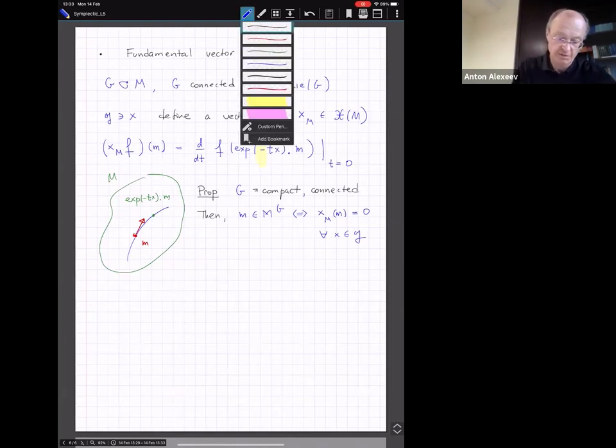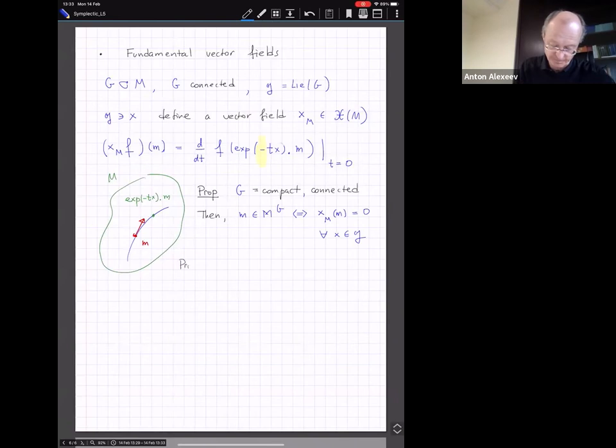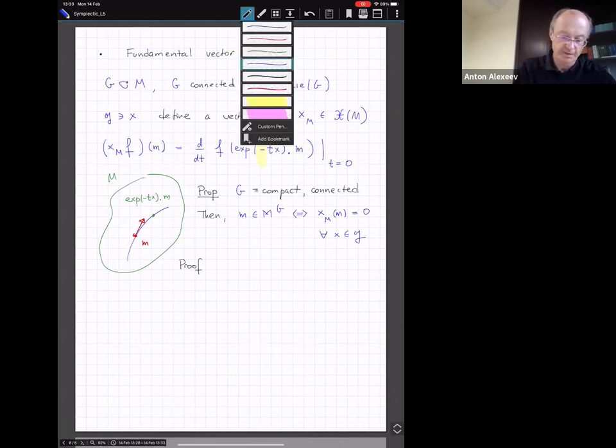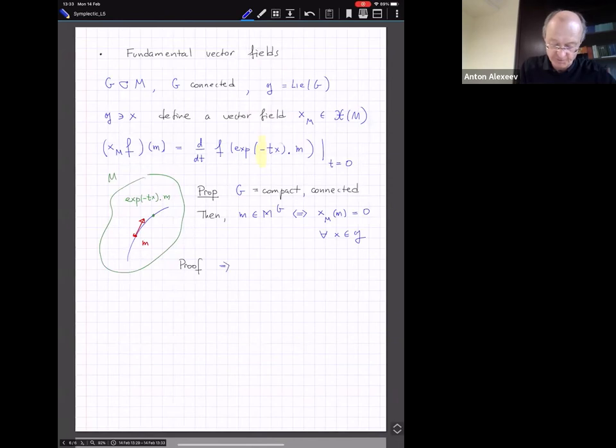Okay, why is it true? This is one of those one-line proofs that I like so much. In one direction, suppose that M is a fixed point. Then of course exponential of minus tx acting on M is always equal to M. The group doesn't move M. But then the formula with the derivative shows that the derivative is always zero.